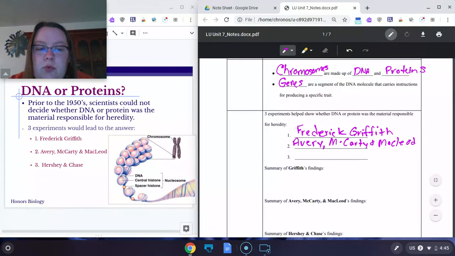And the third group of experiments was done by a duo, Hershey and Chase. We're going to go through just a summary of these three experiments.